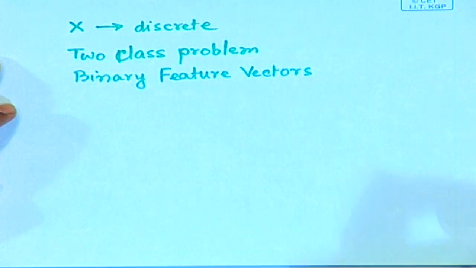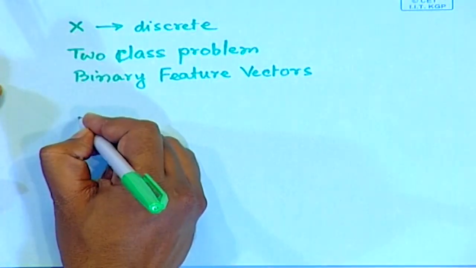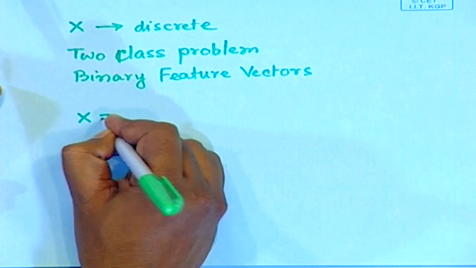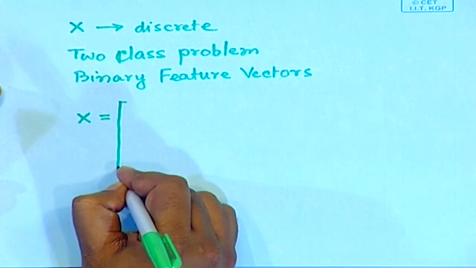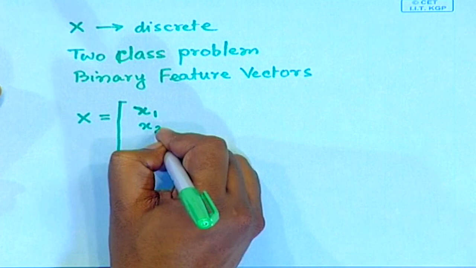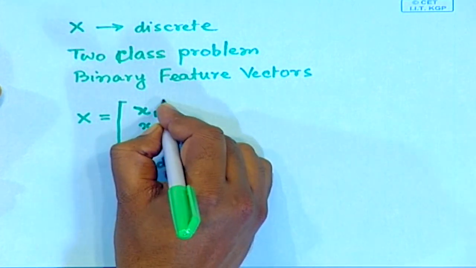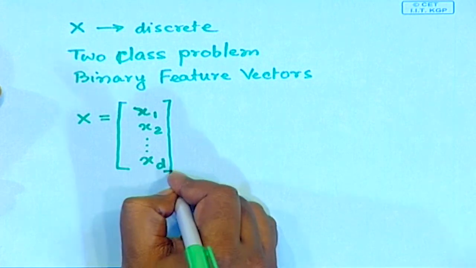Binary feature vector means every component of the feature vector will assume a binary value, either 0 or 1. So, when I have this feature vector x, given by x1, x2 up to xd, again we assume that we have d-dimensional feature vectors.